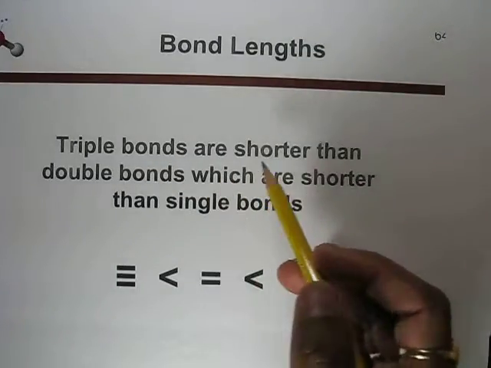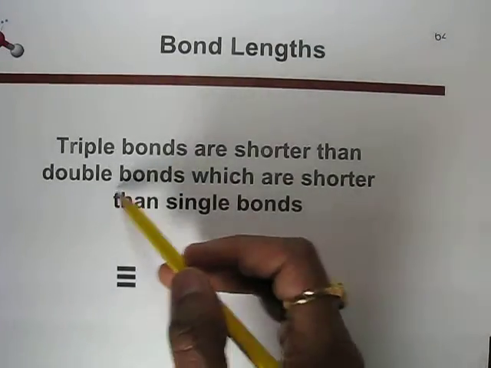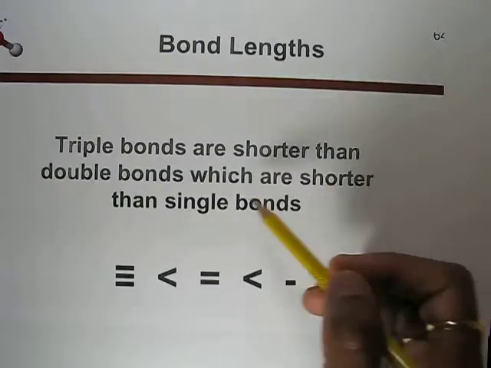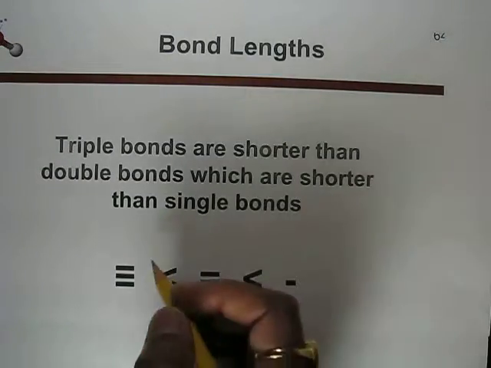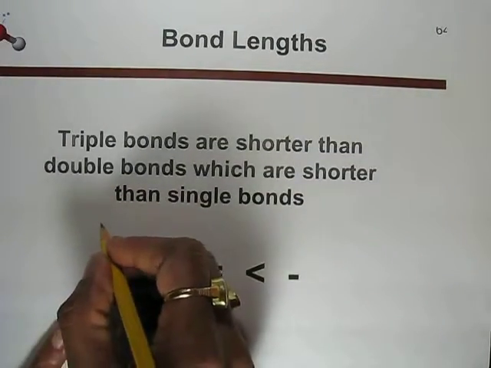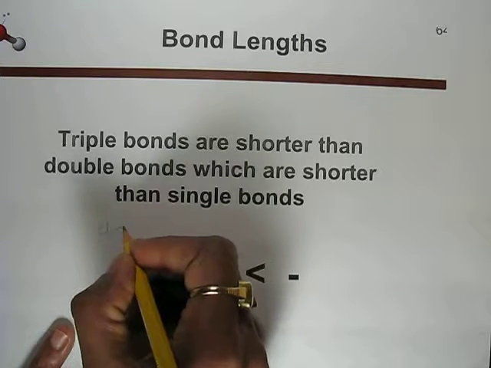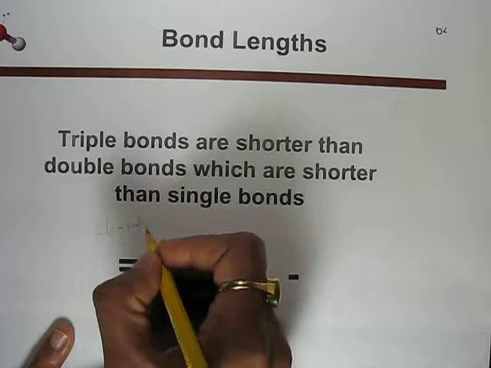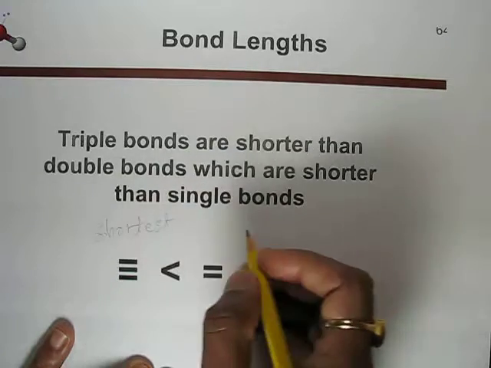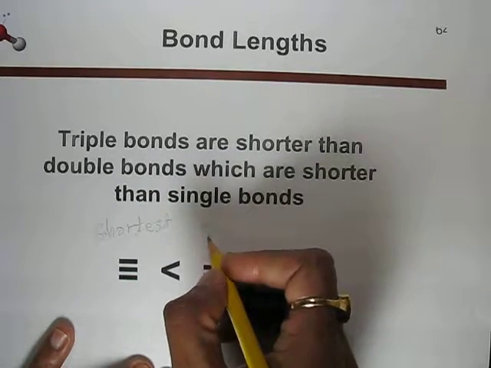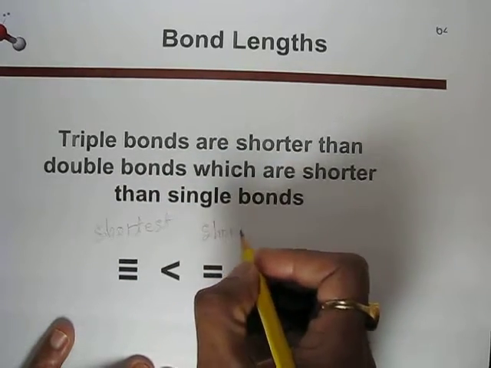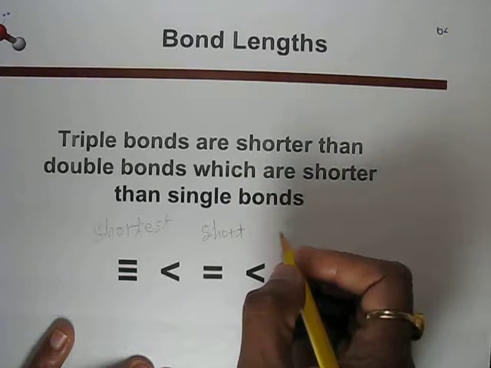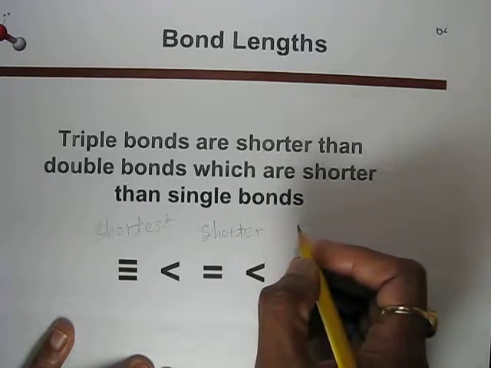Another example of the application is the bond length. Triple bonds are shorter than double bonds, which are shorter than single bonds. So the triple bond is the shortest, this is short, and this is shorter.